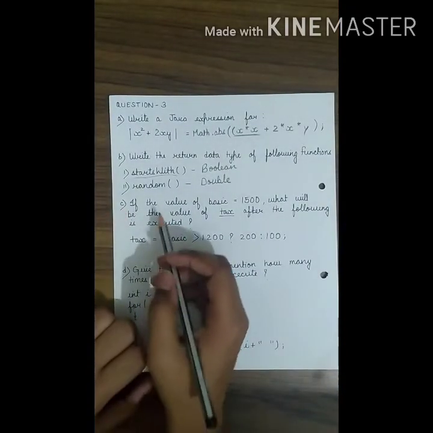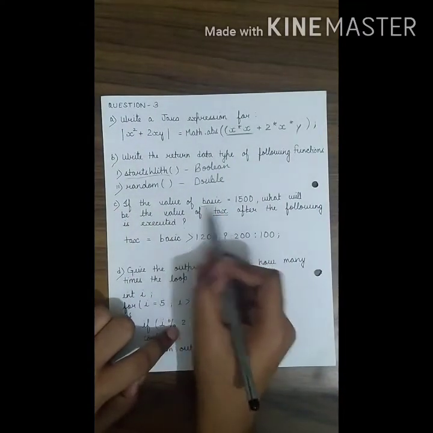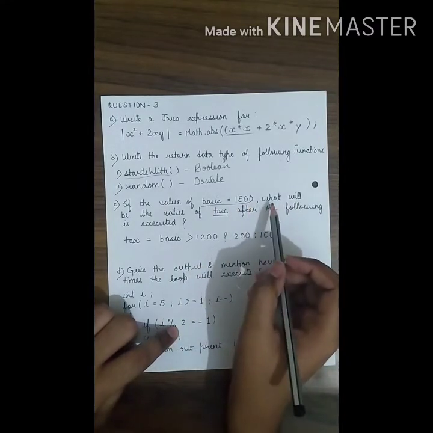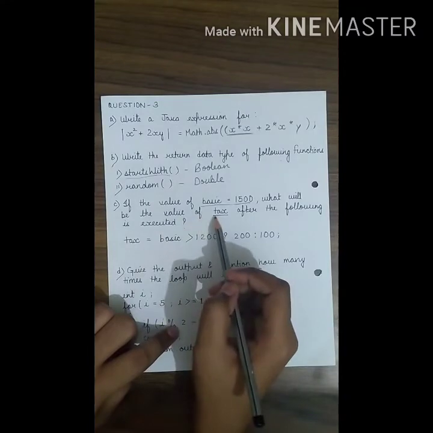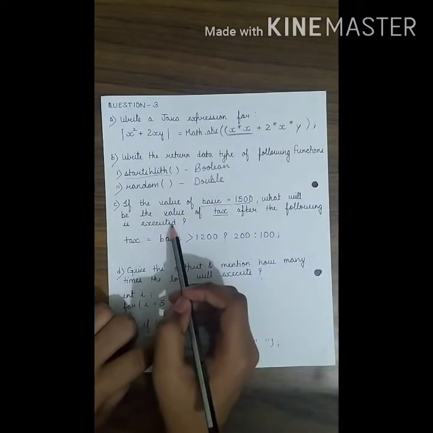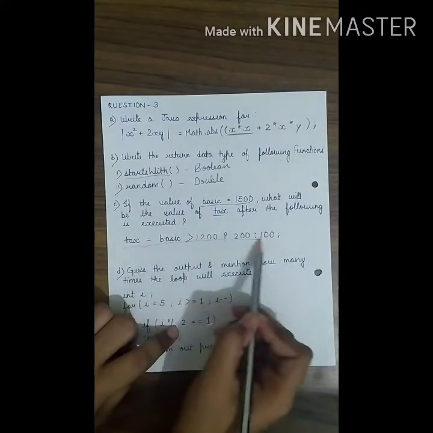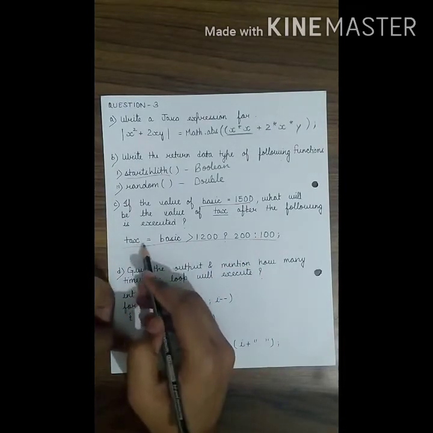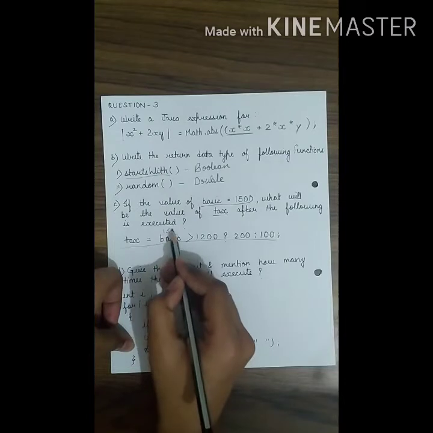Now the C part. If the value of basic is 1500, what will be the value of tax after the following is executed? After the execution of the following, we have to tell the value of tax. Basic is 1500.